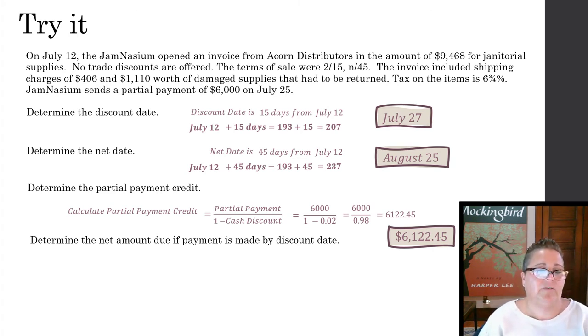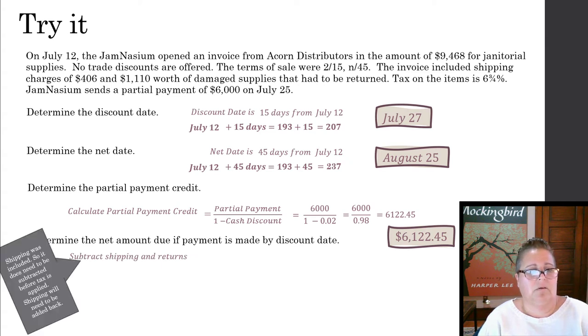Determine the net amount due if the remaining payment is made by the discount date. Oh, wait, what? Okay. So we know shipping was included, so it does need to be subtracted before I can apply tax. Oh, God. So I've got to take out shipping.